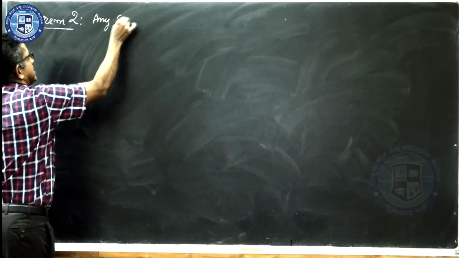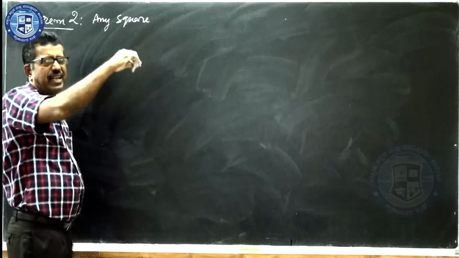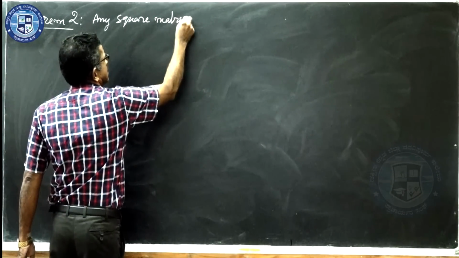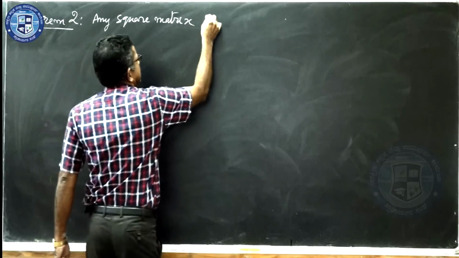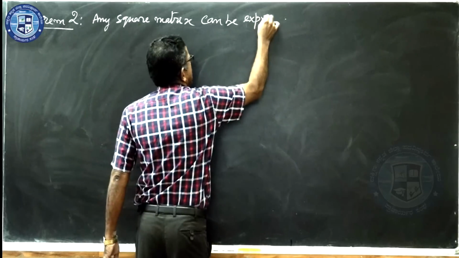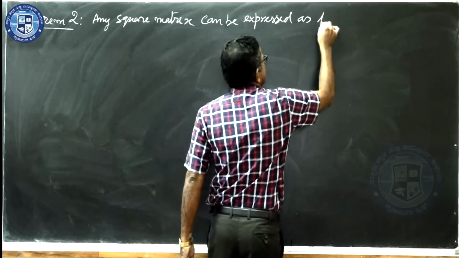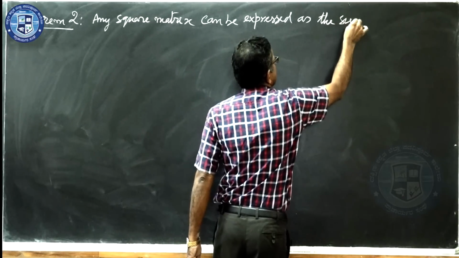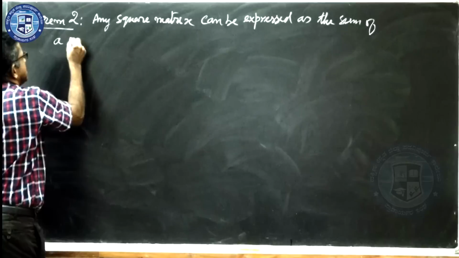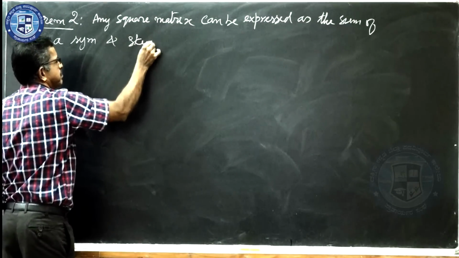Any square matrix can be expressed as the sum of a symmetric and skew symmetric matrix.